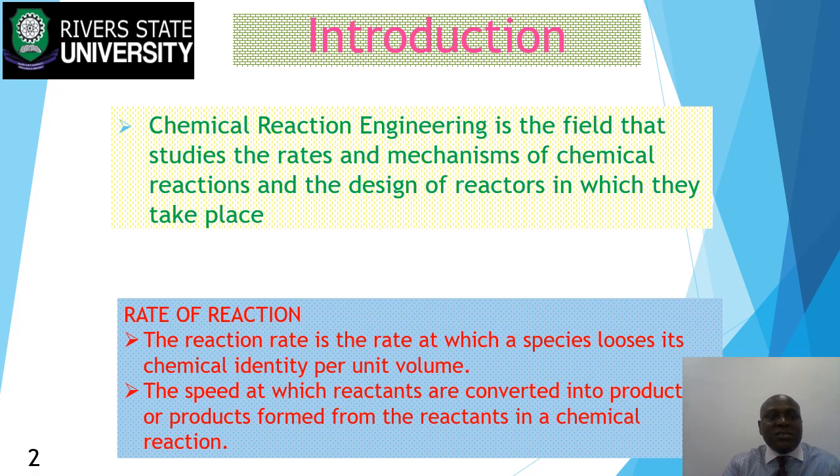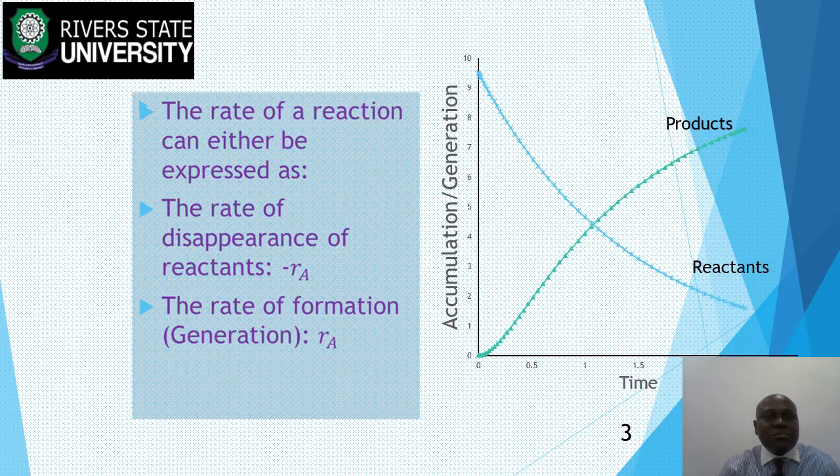The rate of reaction is the rate at which a species loses its chemical identity per unit volume. It can also be defined as the speed at which reactants are converted to products or the products formed from the reactants in a chemical reaction. The rate of reaction can also be expressed as the rate of disappearance of the reactants or the rate of formation of the products.